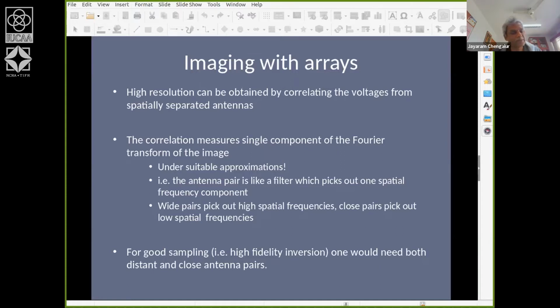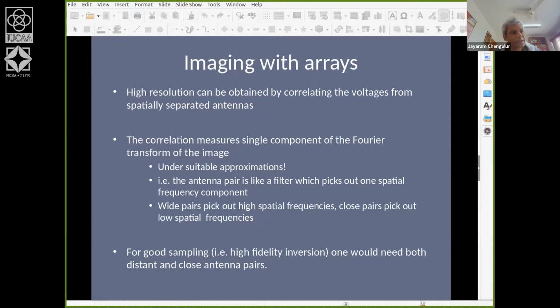And what were the suitable approximations? Right now, we've looked at one of them, which is that the field of view has to be small, that delta theta had to be small, right? Small compared to pi. We did this whole derivation under that approximation. And in that case, the antenna pair is like a filter.